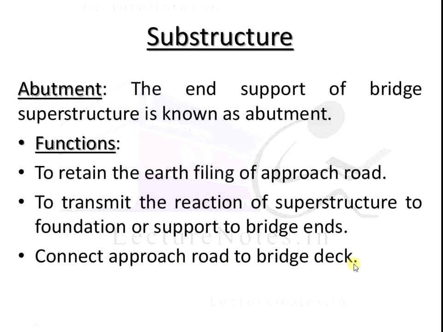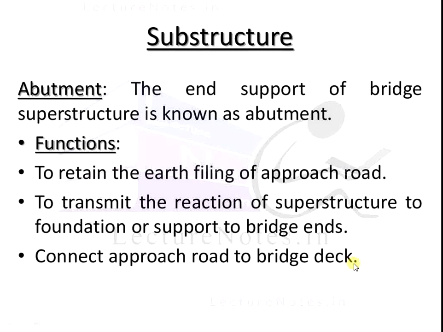There are three main functions of the abutment. The first is to retain the earth filling of the approach road. The second most important function is to transmit the load or reaction of the superstructure to the substructure, that is, the foundation. And the last one is connecting the approach road to the bridge deck.